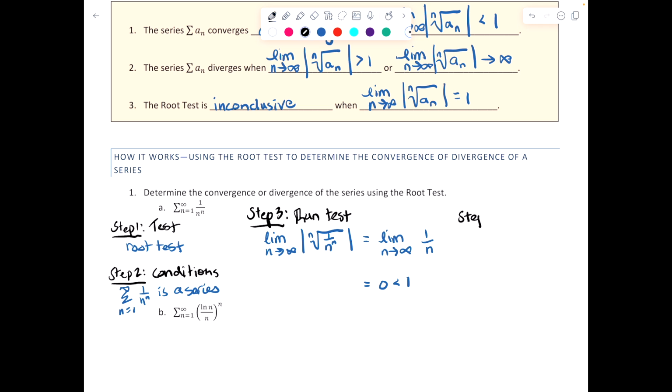So step 4, conclusion. The summation as n goes from 1 to infinity of (1 over n) raised to the n converges absolutely by the root test.